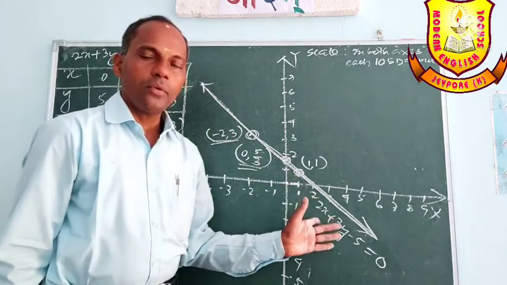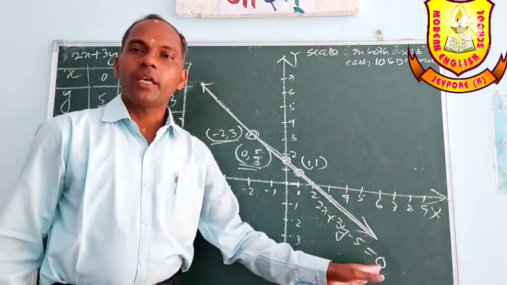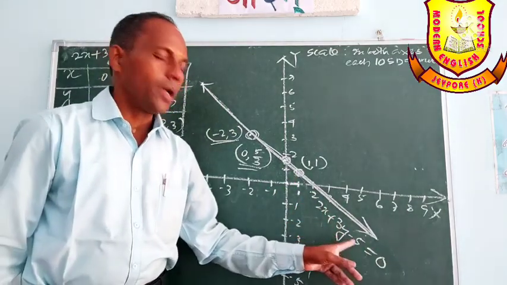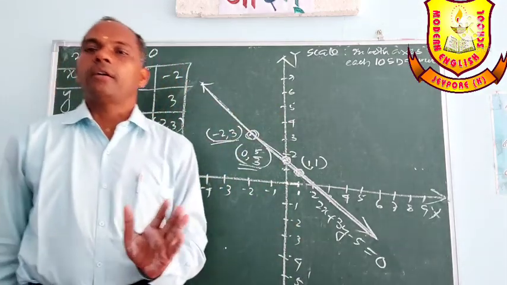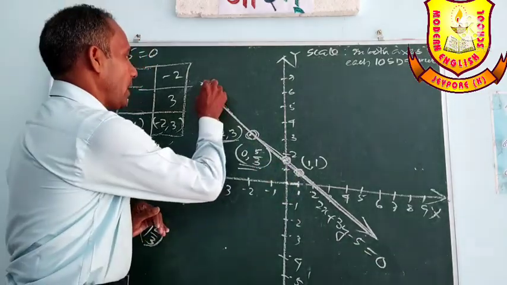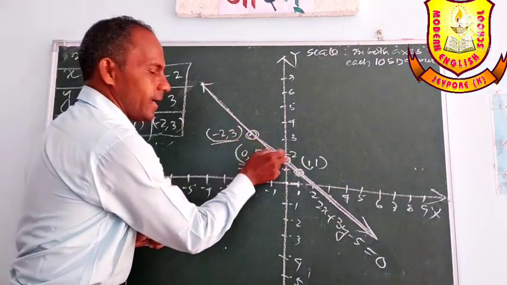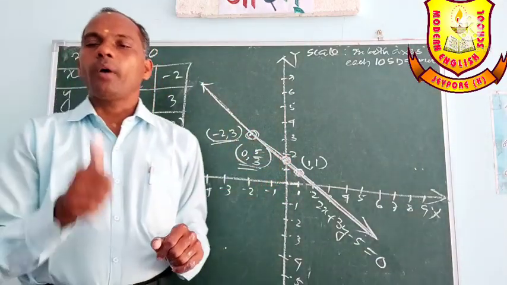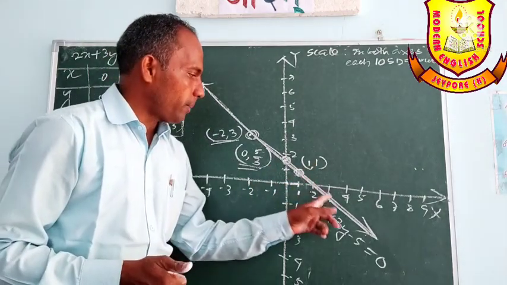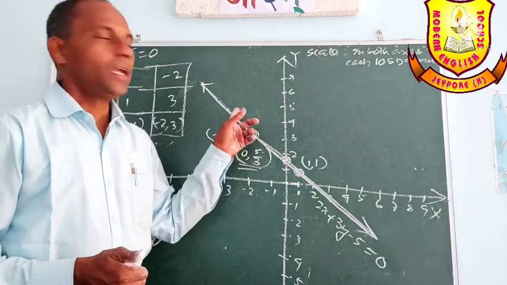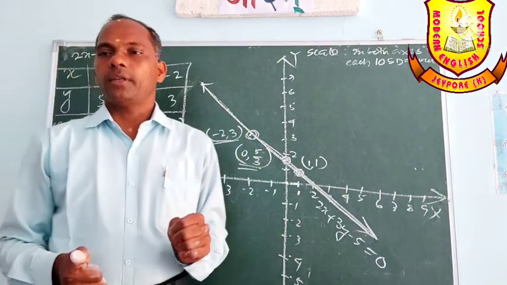Above or below the line you write the equation 2x plus 3y minus 5 equal to 0. Each and every point on this line is a solution of the equation.